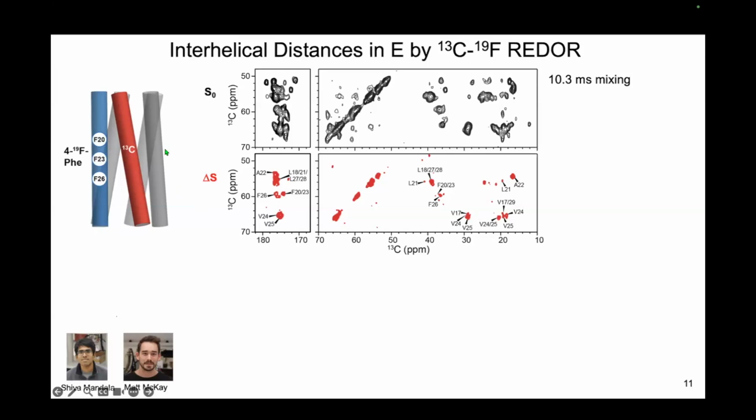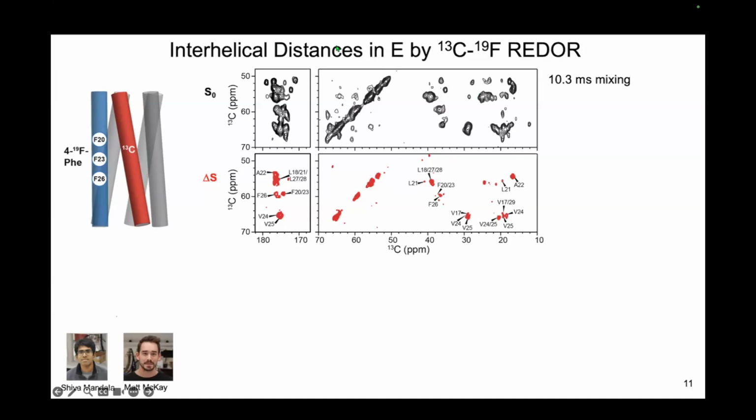From the literature, before our work and after the first SARS-1 epidemic in 2003, there was some biochemical data that suggest that E is maybe a pentameric system. And so what we did was to mix C13 and fluorine labeled transmembrane peptide in a one-to-one fashion and measure the interhelical carbon-fluorine distances.